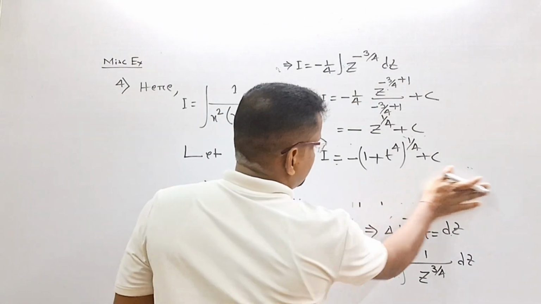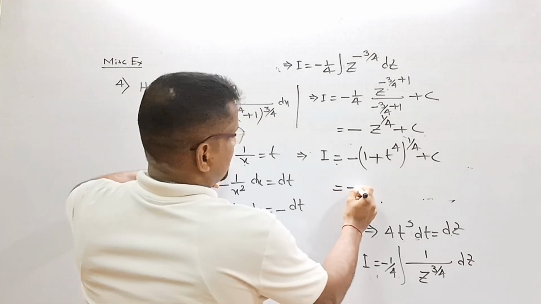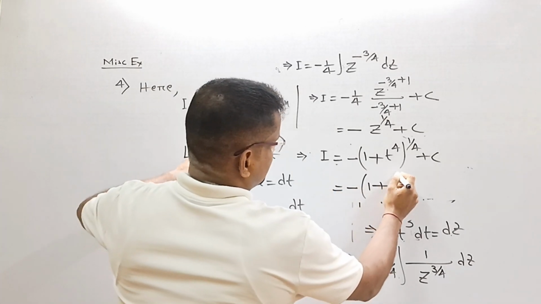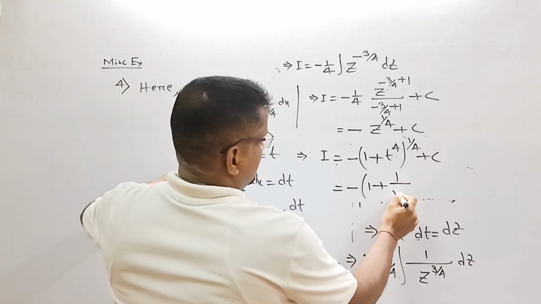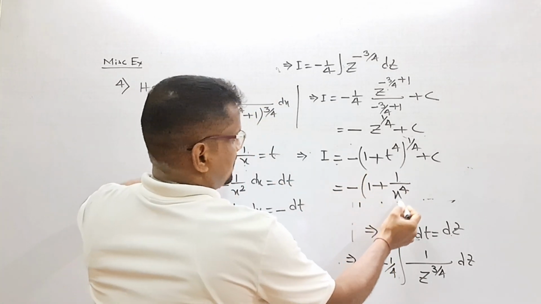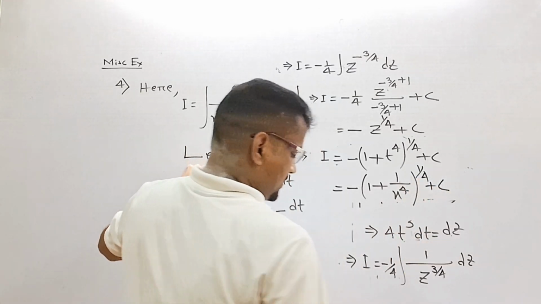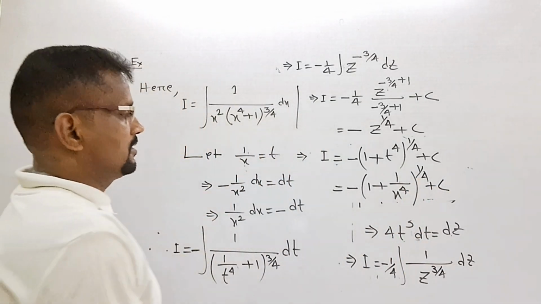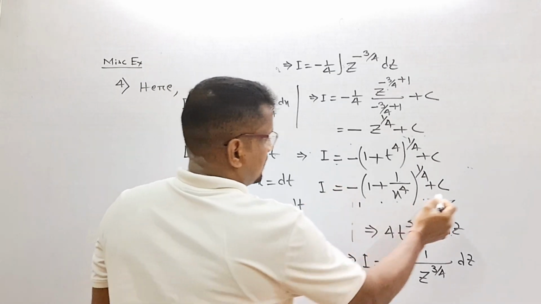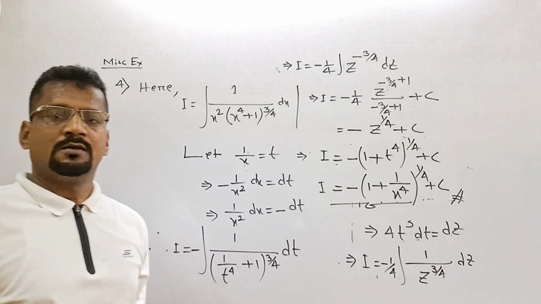So simply you can put the value of t. That's minus 1 plus 1 by x to the power 4, whole to the power 1 by 4, plus c. Finally the answer is this. In your textbook, the answer is given this way.